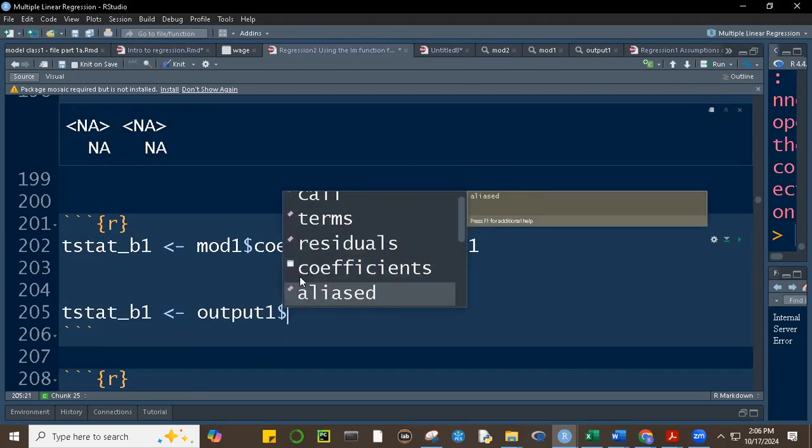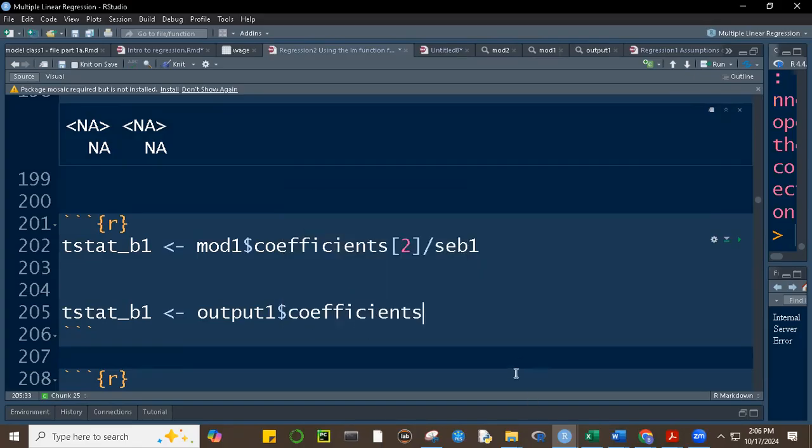And notice, class, okay? Notice the icon here. It's a spreadsheet. Dollar coefficients. And then what element is that, class? The standard error of your slope. So it should be the estimate, right? Your B. Your estimate is in number 2, and then divided by, and just copy this.